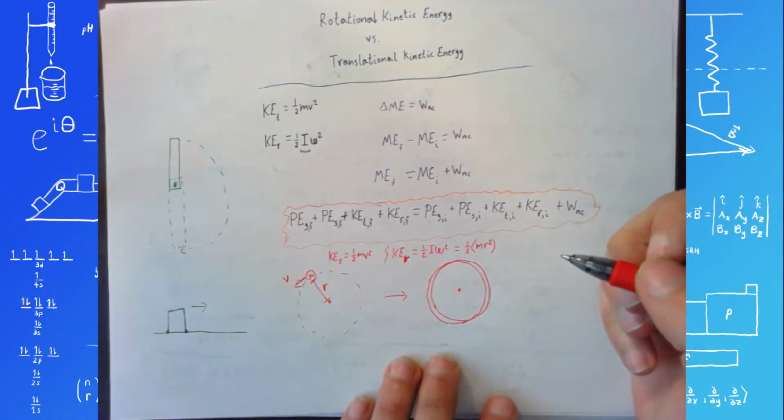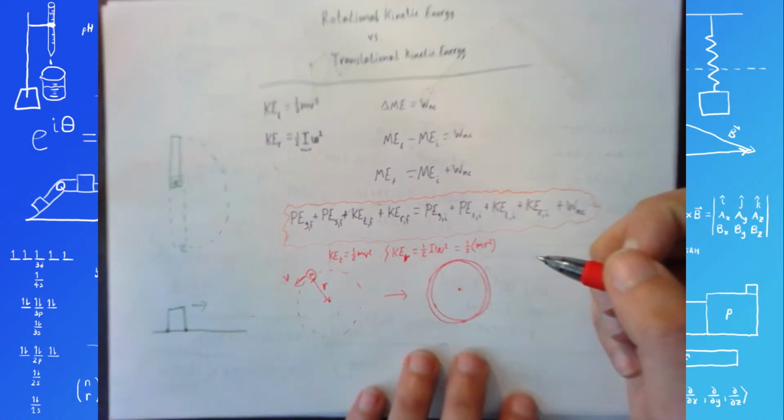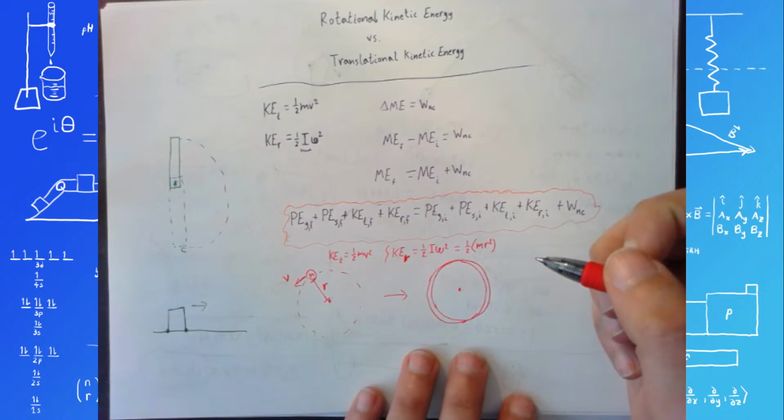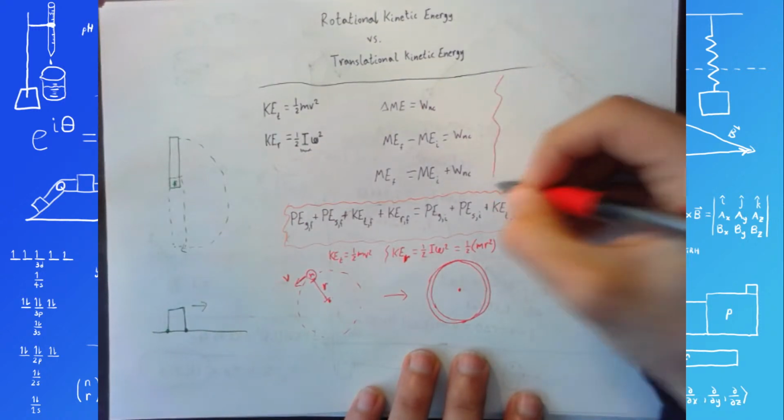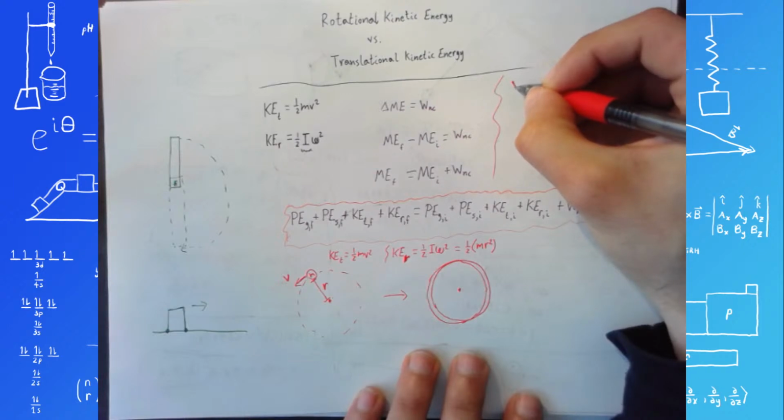And omega squared, well, we know how to convert between tangential velocity and angular velocity, at least we should remember. That's something we discussed in rotational kinematics, the very first topic of this current chapter.